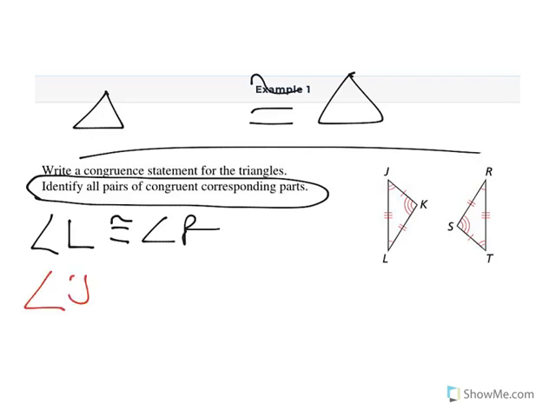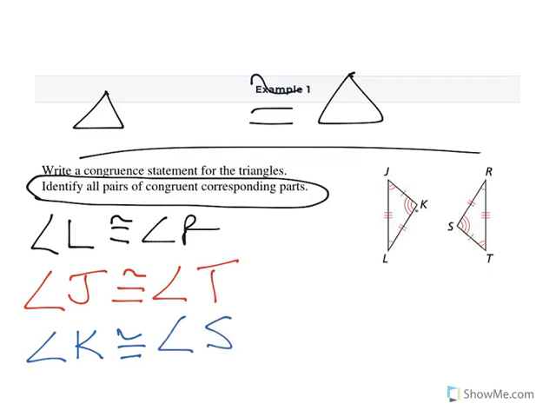So angle J must be congruent to angle T because it has two congruent marks. Let's see, we are down to angle K as the last one, right? And so it has three marks, so does angle S, so they must be congruent.